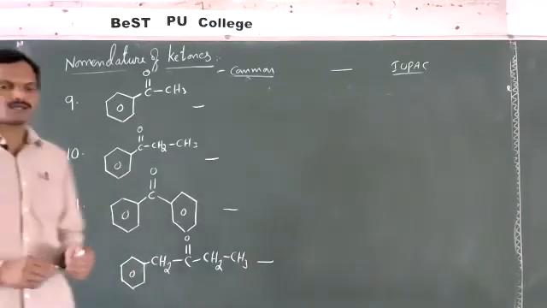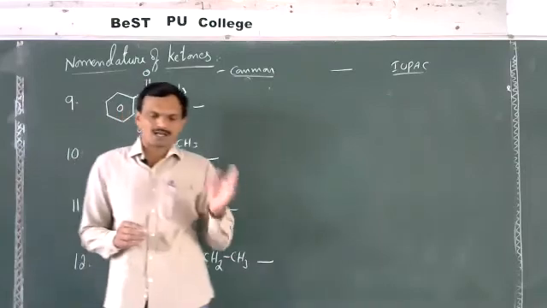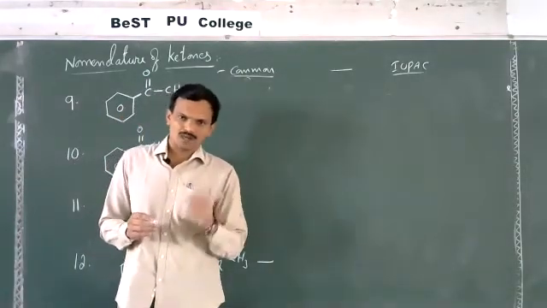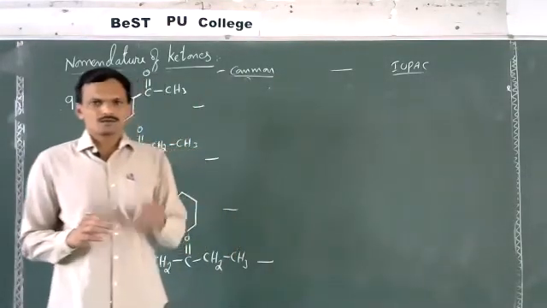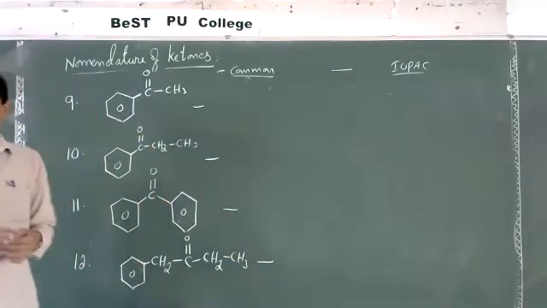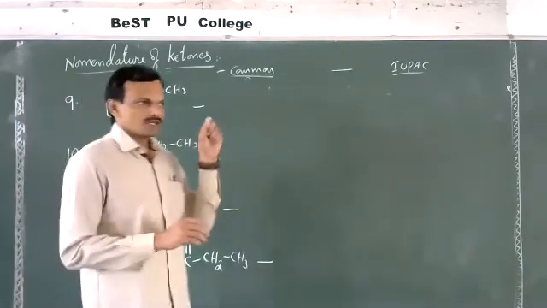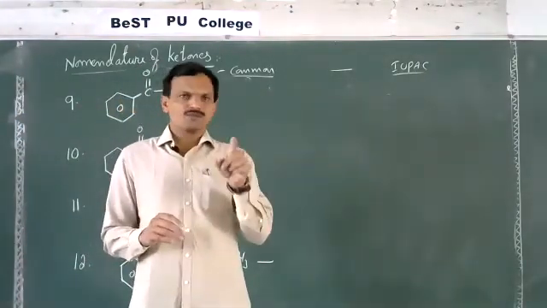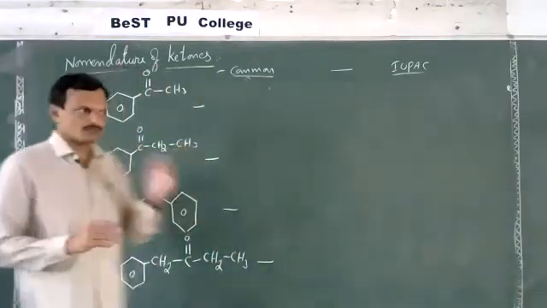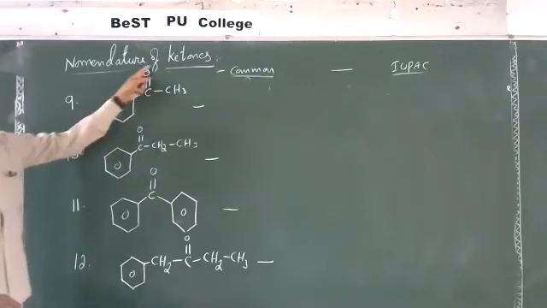So as I said in the nomenclature, according to the common system, these alkyl aryl ketones are named by prefixing the name of the acyl group to phenone. Now see here, what is the name of the acyl group here?